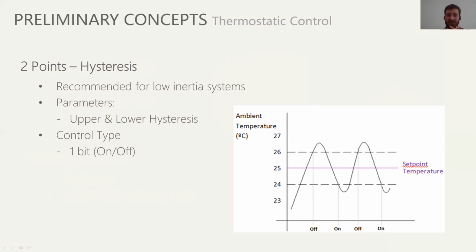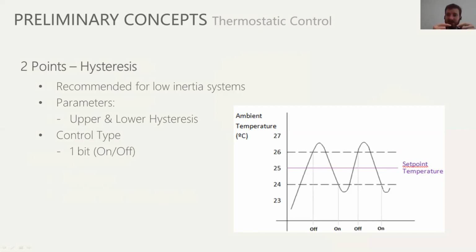2 points hysteresis is the most basic thermostatic control. It's recommended for low inertia systems, so basically to control AC units, for example, where you have not only a temperature difference, but because of the nature of that difference, convection, cold or hot air is getting into a room.